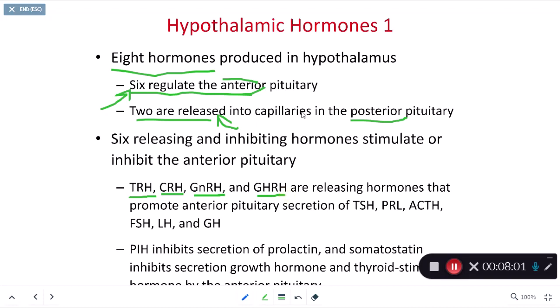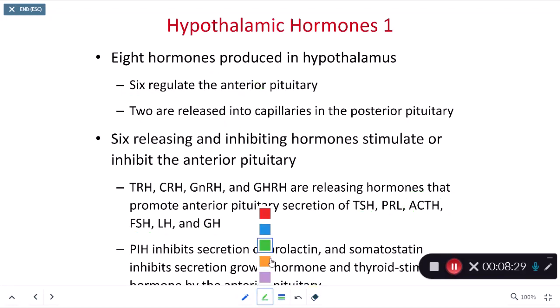These hormones travel to the anterior pituitary gland and cause it to release thyroid stimulating hormone, prolactin, ACTH, adrenocorticotropic hormone, follicle stimulating hormone, luteinizing hormone, and growth hormone. I want you to pay special attention to the hormones that are released from the anterior pituitary gland.